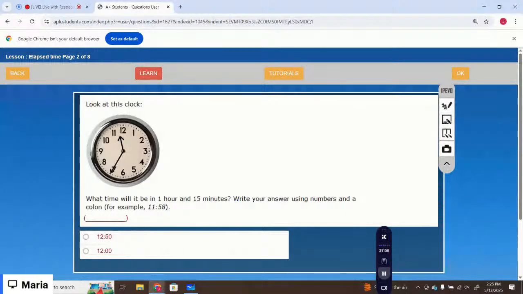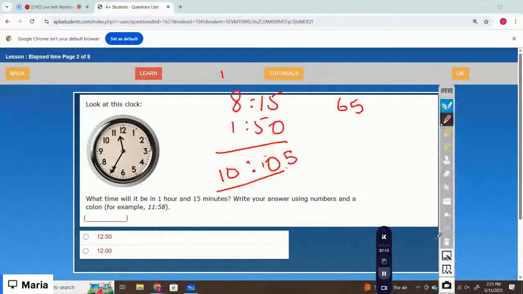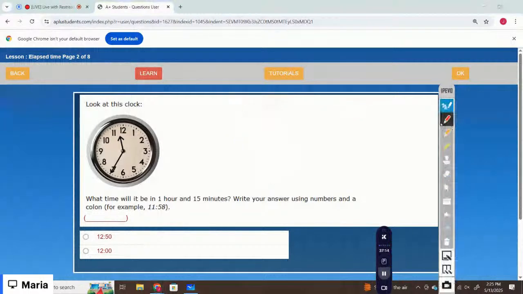Look at this one. What time will it be in 1 hour and 15 minutes? That would be 11:35. At 1 hour and 15 minutes, 5 plus 5 is 10, 3 and 1 and 5.